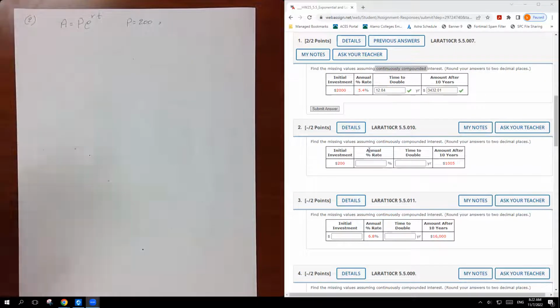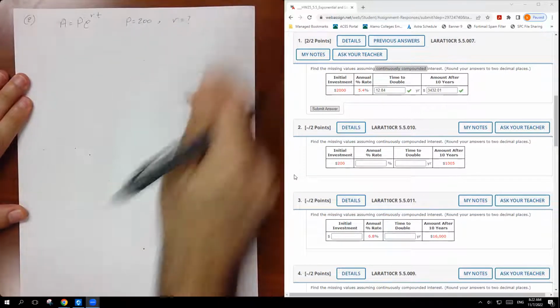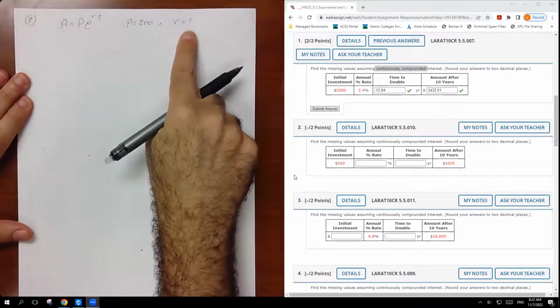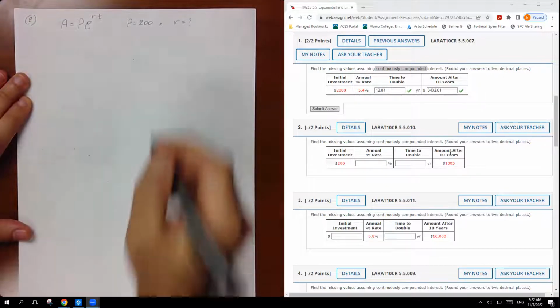But let's check here. The first thing we need to find is the annual rate of interest. That's what we need to find. And time to double. So here's our formula. The first thing I need to find is the rate of interest. And by using the rate of interest, I can find the time to double. I have A, which is the amount after 10 years.